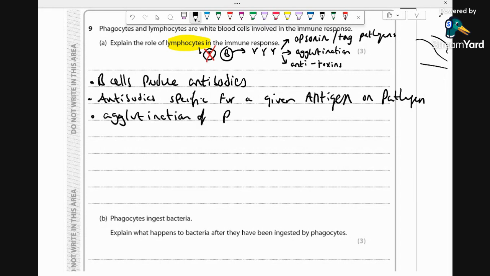And they can cause agglutination of pathogens. They can tag pathogens or opsonize them, and they can act as antitoxins.